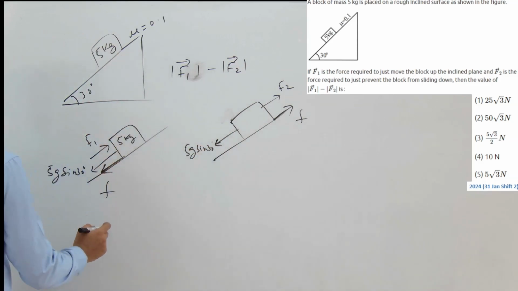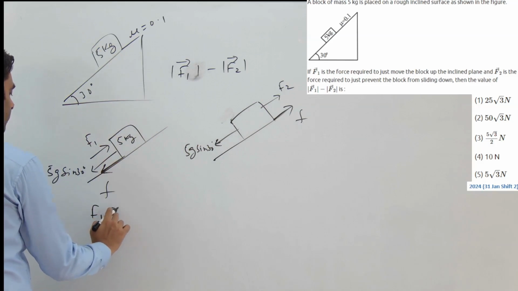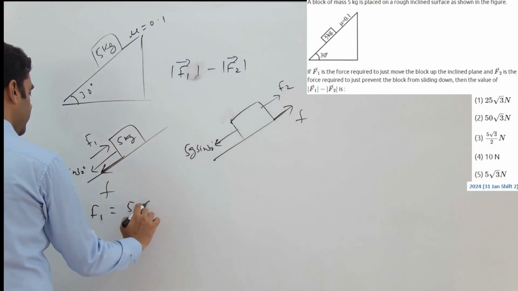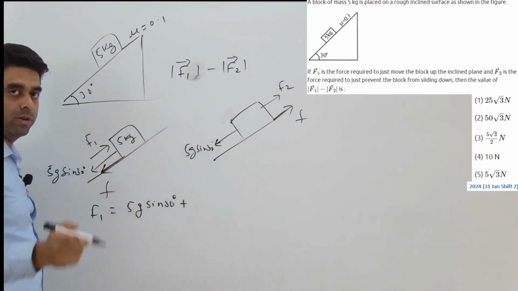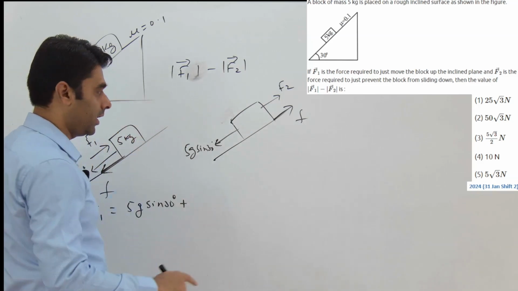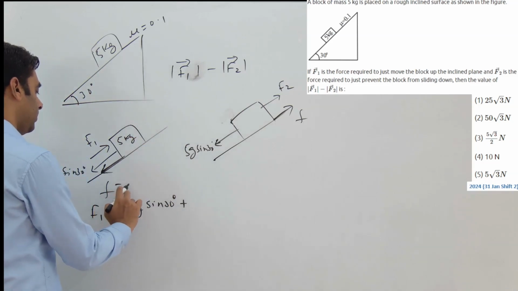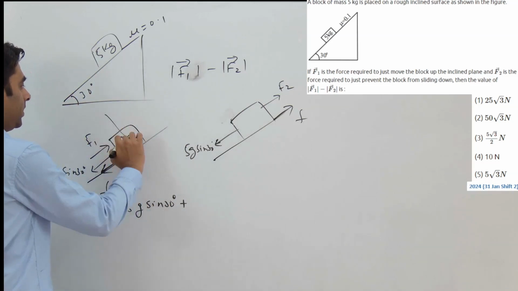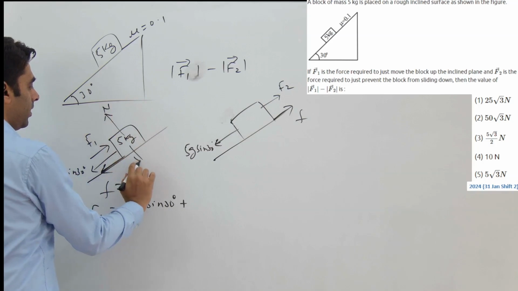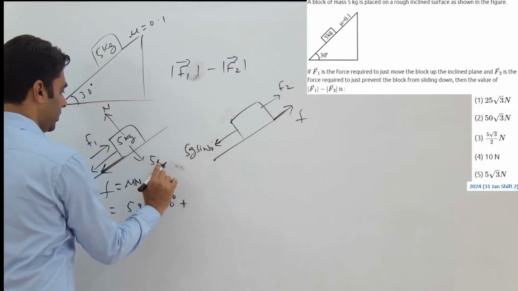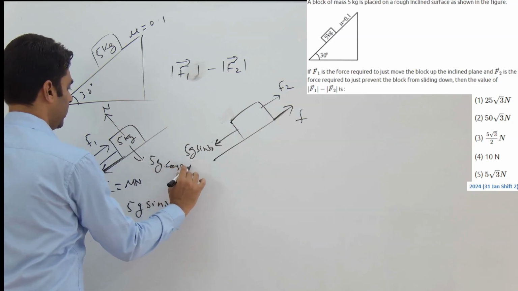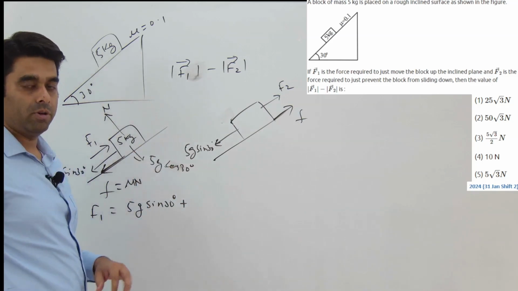So now for this, what can I write? F1 will be equal to 5g sin 30 plus friction. Friction value is how much? Mu into normal. Normal is up, and 5g sin 30 and 5g cos 30 act down the incline and into it, so normal will be mg cos 30.